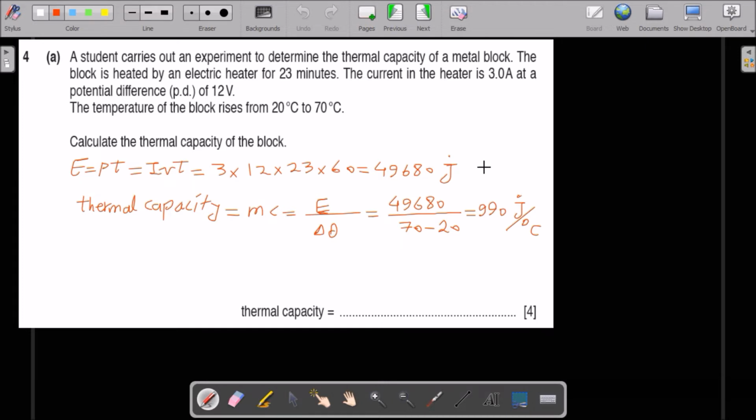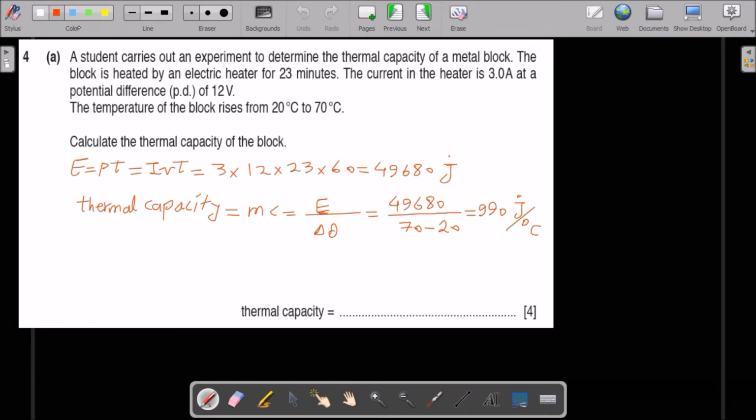Next part, it is said that calculate the thermal capacity. So you got energy, which is heat in this question. So what is thermal capacity? Thermal capacity is M times C, mass times specific heat capacity, which is equal to heat divided by change of temperature.